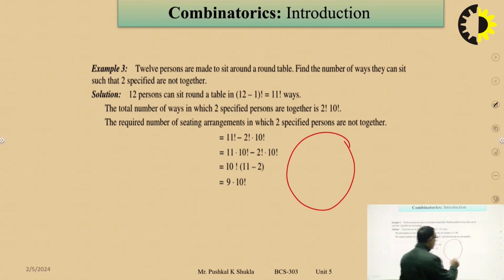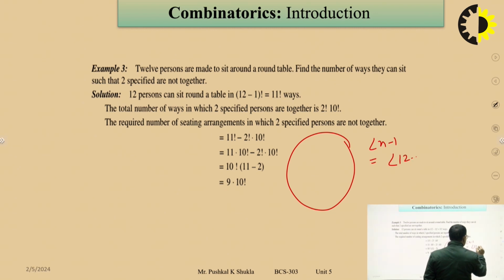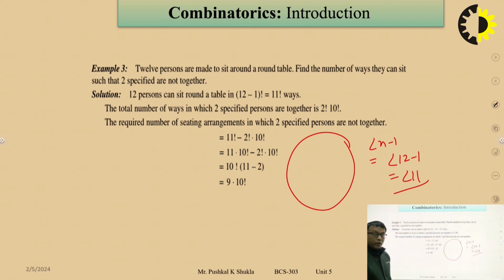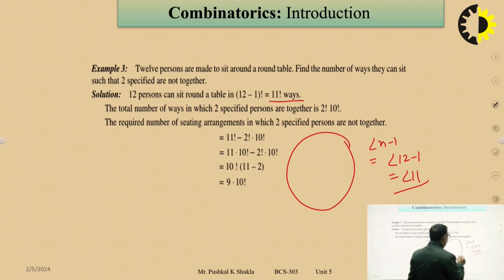With 12 persons, factorial n minus 1, that is factorial 12 minus 1, that is factorial 11 ways we can arrange in a circular fashion. Now the total number of ways in which two specified persons are together.